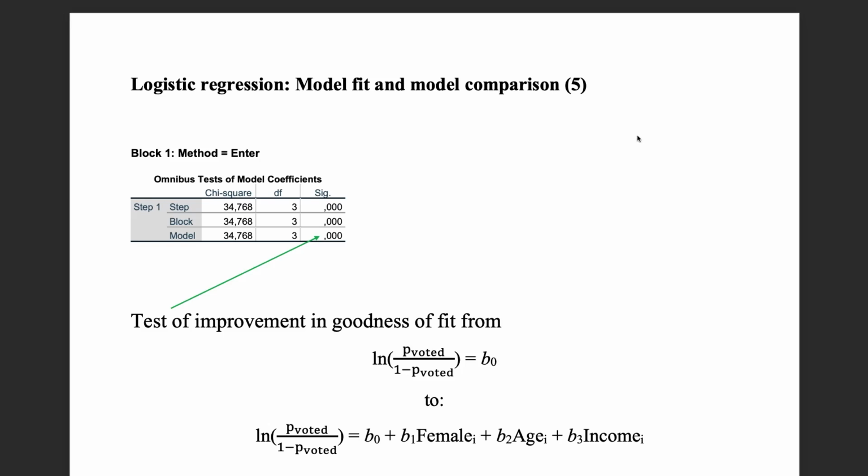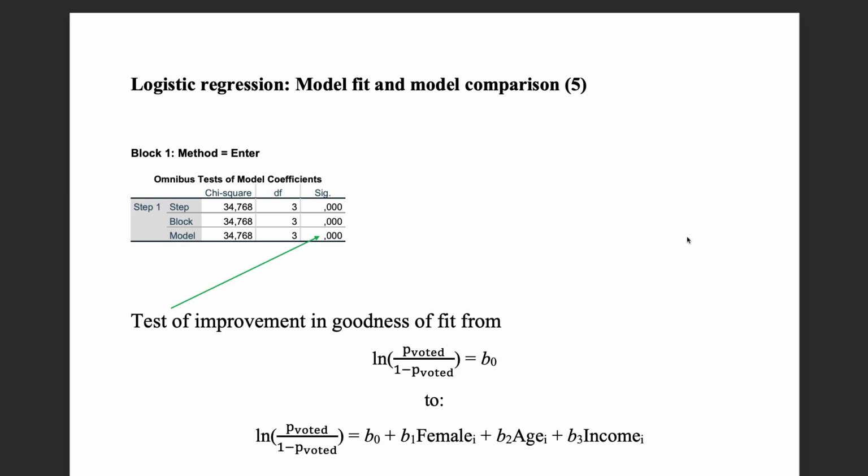So what we get here is a chi-square test statistic, which is in this case 34.768. So that's the difference in deviance between this model and this model, which SPSS automatically compares to a chi-square distribution with the correct degrees of freedom, because SPSS correctly saw that there are 3 constraints that we are putting on the model to get to the most simple model, and it gives us a p-value for that.